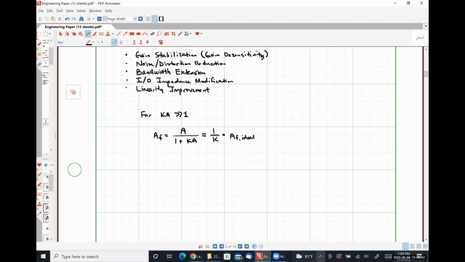So what this means is that for very, very large loop gains, the gain of the system is completely independent of the open loop gain of the amplifier. Instead, it is entirely based on our feedback parameter. Where have we observed this?